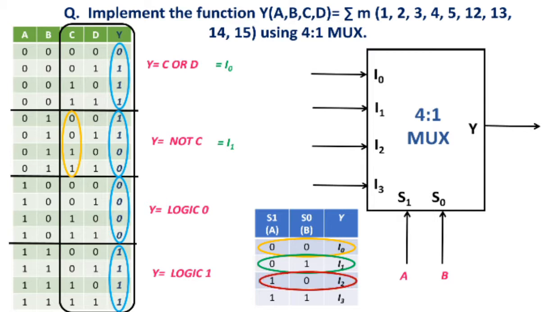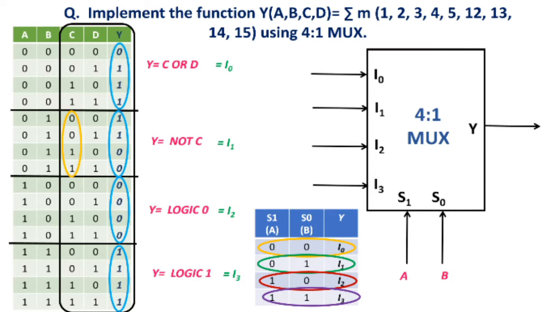Similarly, next combination, A is equal to 1, B is equal to 0, the output Y is I2, and for that case output Y is logic 0, which in turn will be equal to I2. Likewise, for the last case, when both A and B are 1, the output has to be I3, and in that case, from the given truth table, I have inferred that output will be logic 1, and that will be equal to I3.